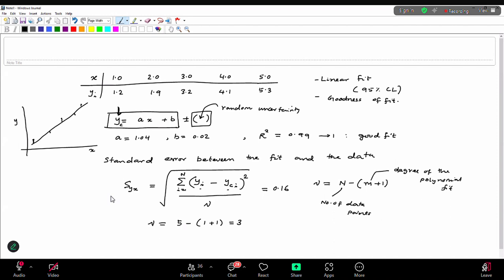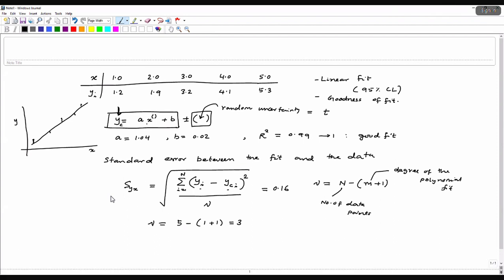Excuse me, sir. Sorry for disturbing, but I couldn't quite follow as to how we calculated the degree of the polynomial fit. So degree is basically the exponent of x here. Okay. So if you have y equal to ax plus b, the degree of polynomial is 1. The power of x is 1.